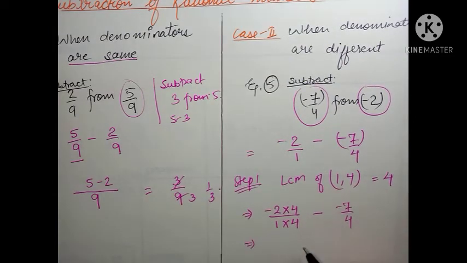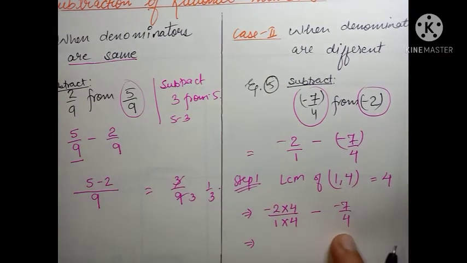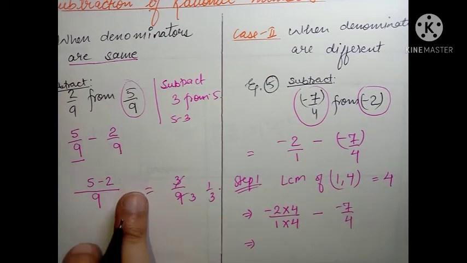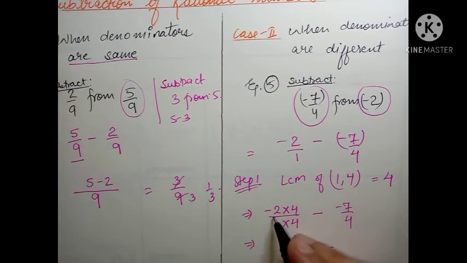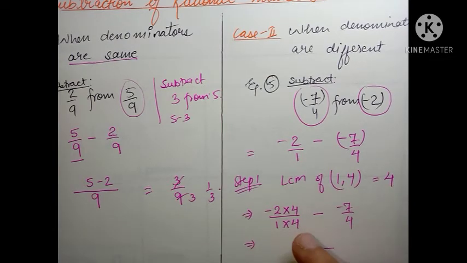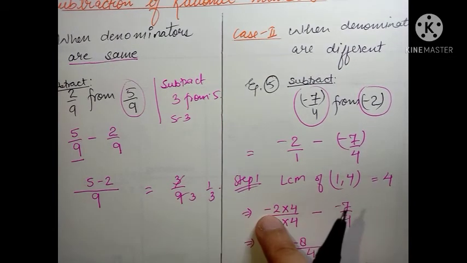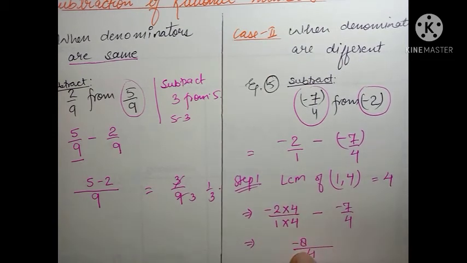Now as we have common denominators, we will proceed with this method. So we will keep this denominator below, and this becomes -2 into 4, that is -8, and minus, because plus into minus. We have learned this in integers, that multiplication of one negative integer with a positive integer gives you a negative integer.